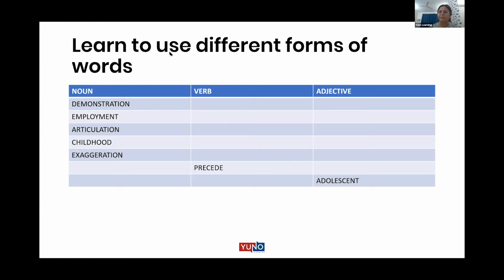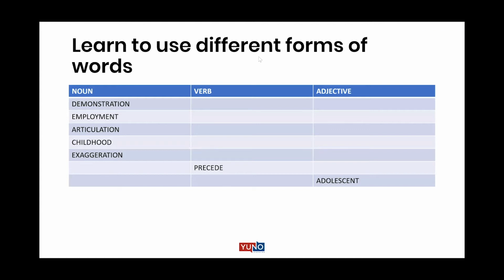Could you come again, please? Do I need to sentence with the word employment? Different forms. And also the verb form of the employment is employ. Verb. You employ someone, right?